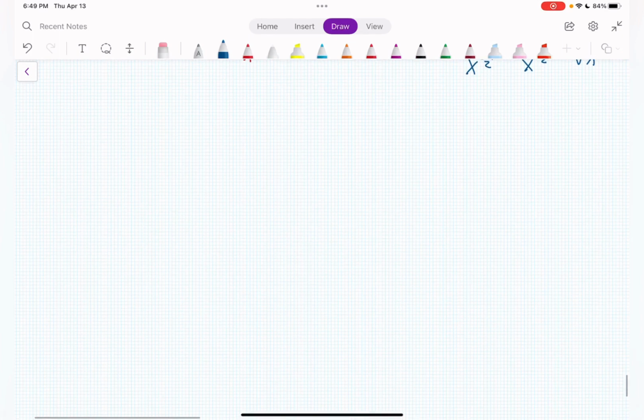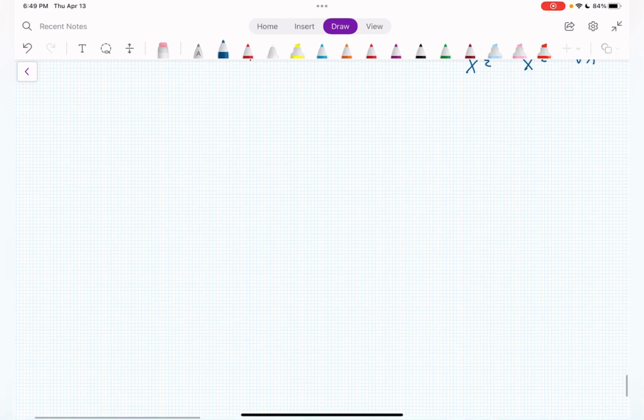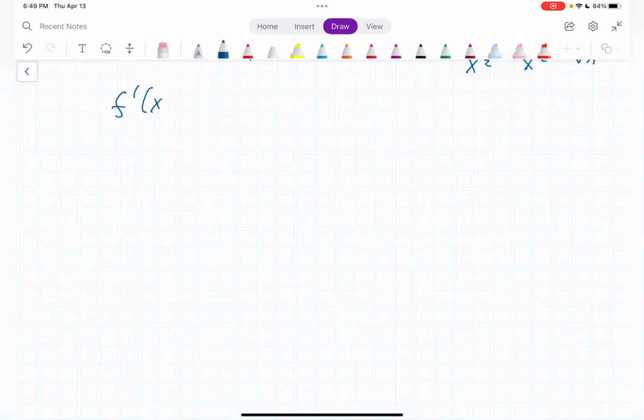So we need to find f prime of x is equal 3x squared minus 3x plus 1 prime, and it's equal.